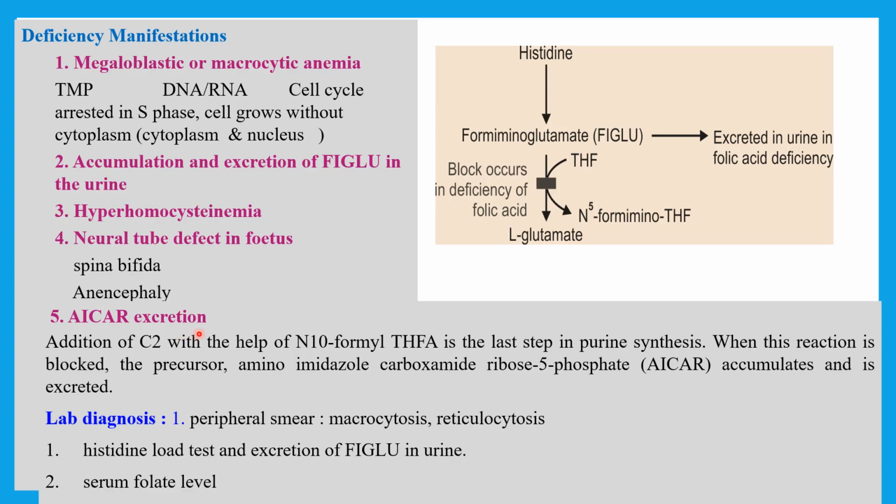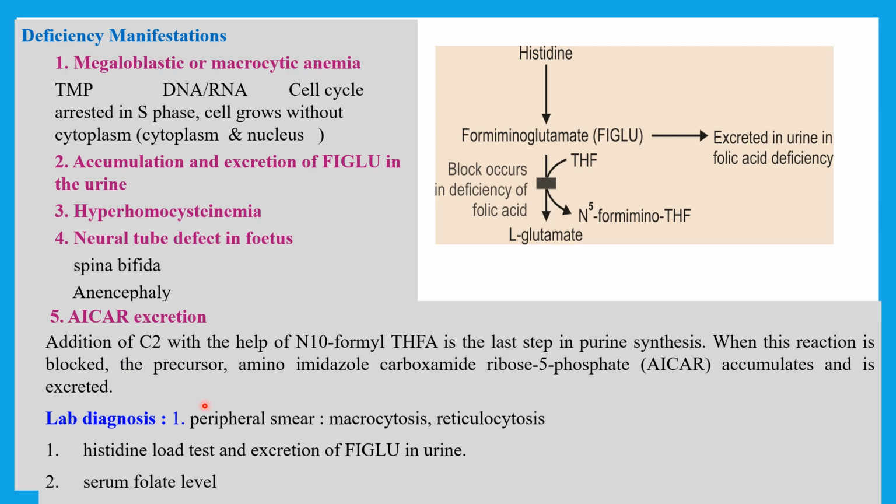Then AICAR excretion. AICAR is aminoimidazole carboxamide ribose 5-phosphate, which receives a carbon with the help of N10 formyl THF in the last step of purine synthesis. When this reaction is blocked, the precursor AICAR accumulates and is excreted as such in the urine.